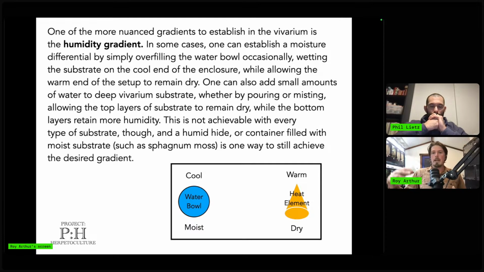They're evaporating at different rates. The leaves that are more exposed to the heat element are going to evaporate first. The ones that are further away from the heat element are going to evaporate a bit slower, and that helps to maintain a regular, evaporative increase in humidity throughout the vivarium.